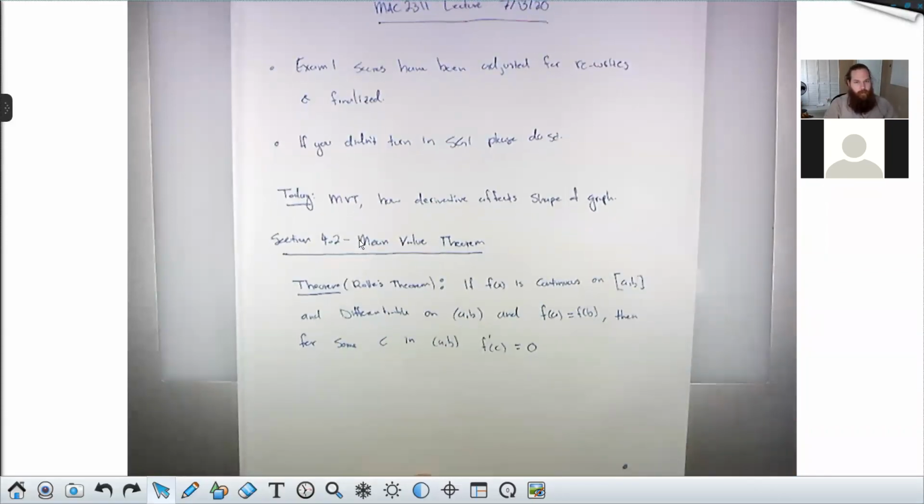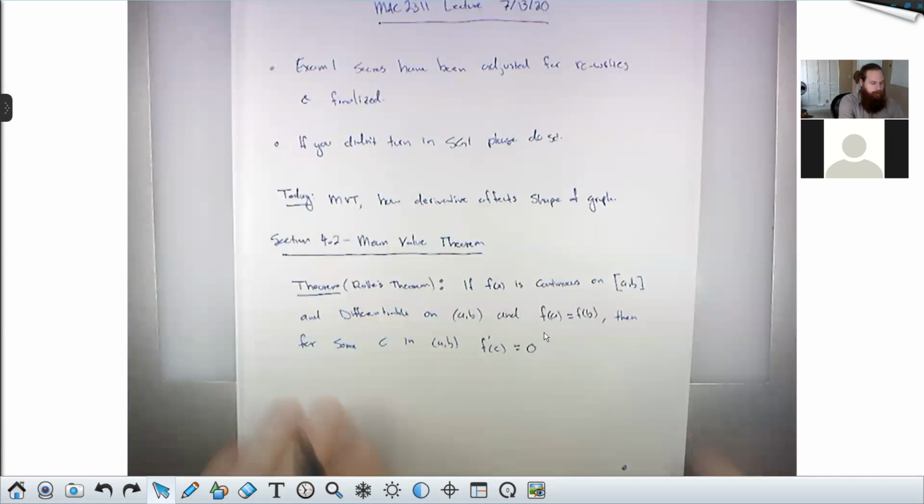Okay, so this is Rolle's theorem. Rolle's theorem says if you're continuous on the closed interval AB and differentiable on the open interval AB, so you just think of a smooth function restricted to a closed interval, and the y values at the endpoints match, then somewhere in between, for some C in the open interval AB, you have a horizontal tangent line.